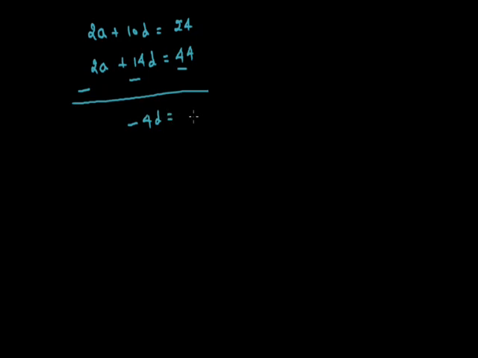From the first equation 2a plus 10d equal to 24, and from the second equation 2a plus 14d equal to 44. Now solving these two equations, subtract, it will become minus 4d equal to minus 20. So d is equal to 5.